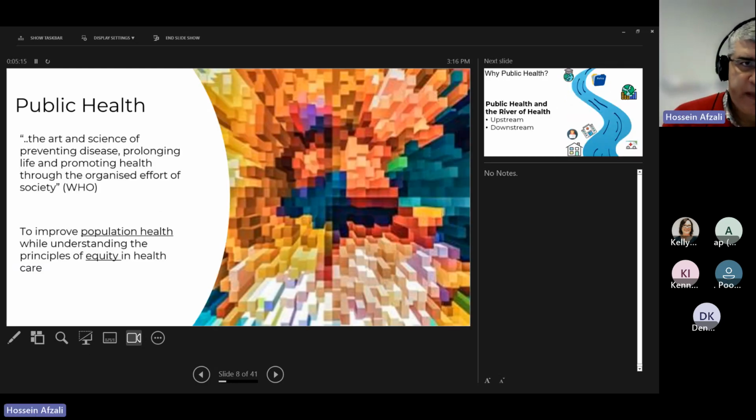A little bit about public health, and I know that you possibly know about public health, and that's why you have selected this course at Flinders Uni. But according to the World Health Organization, WHO, public health is the science of preventing disease and prolonging life, and especially promoting health. So these three elements: how we can prevent disease.